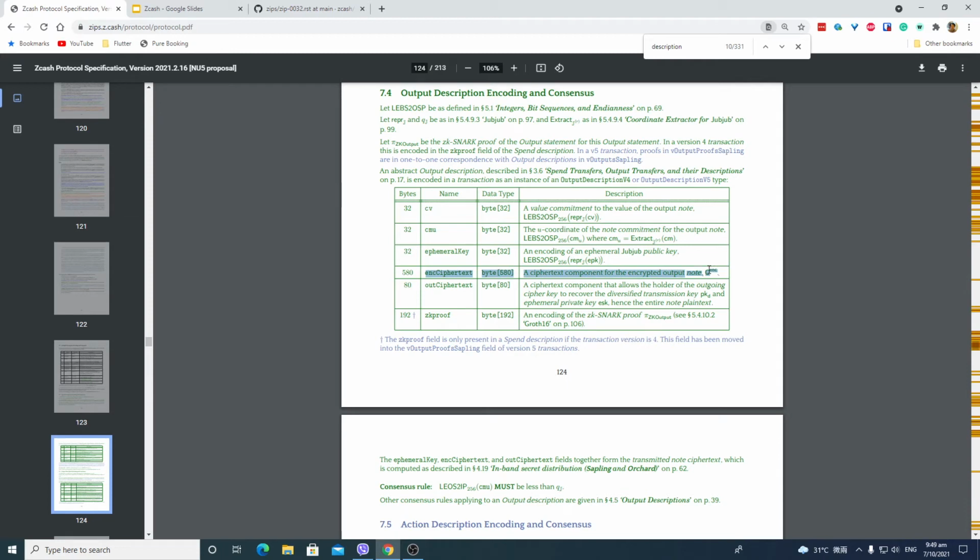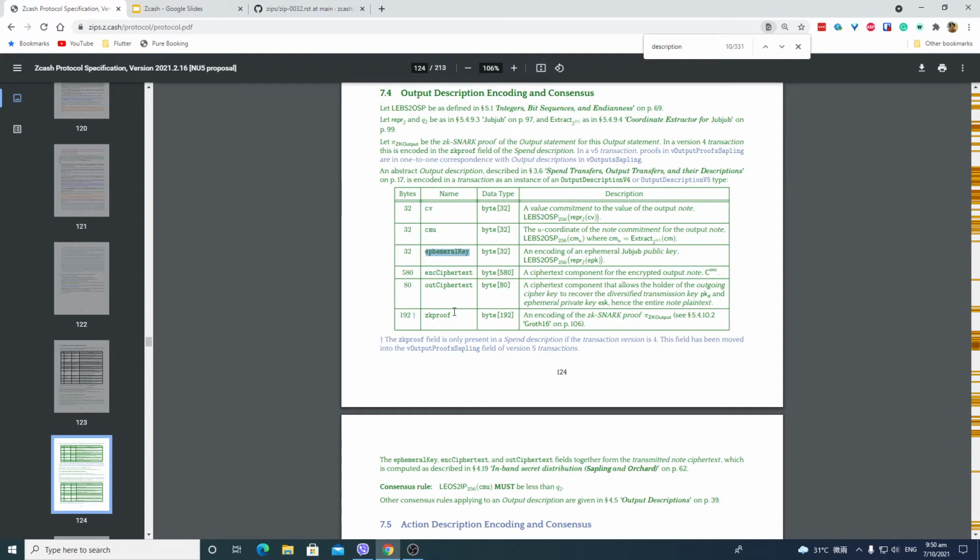But if he doesn't store it, then even if he himself sees this block later and only sees the ephemeral key, he will not be able to decrypt the transaction anymore, because this ephemeral key is only useful if you have the IVK. That's the power. It's a bit non-intuitive because it uses asymmetric encryption, so public and private key encryption.